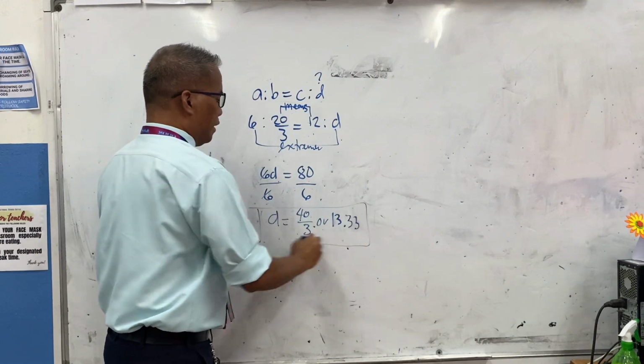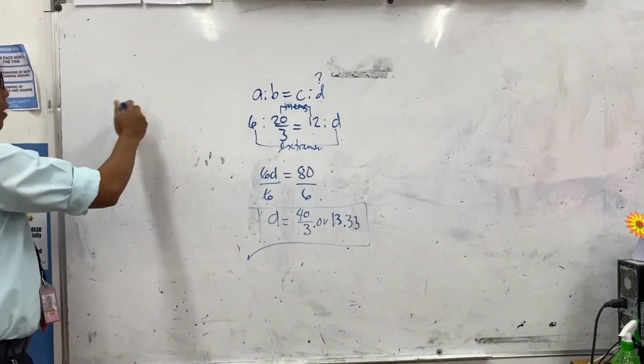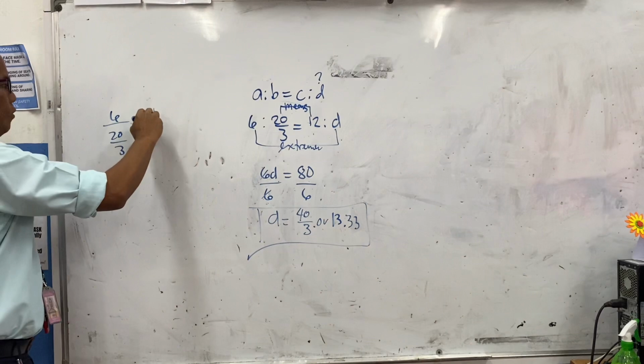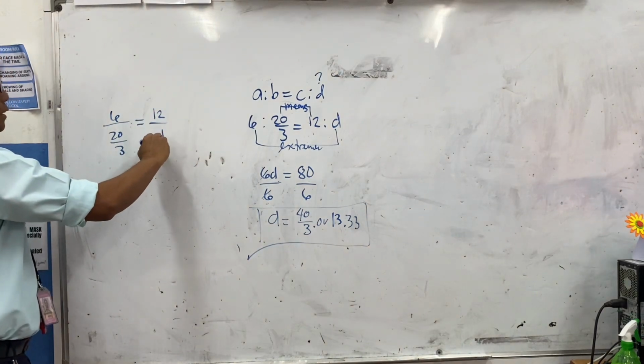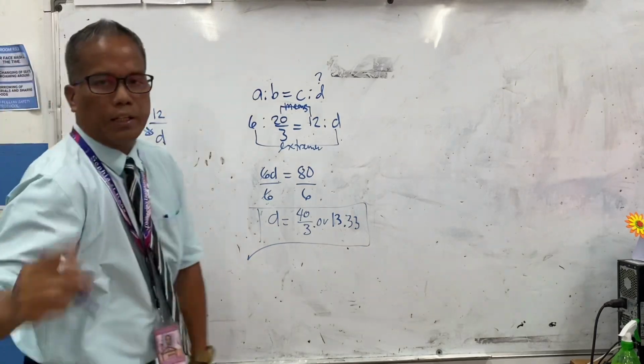So this is now the answer. Or we can write this in the form of fractions: 6 over 20 over 3 is equal to 12 over D. Then apply cross multiplication, and you will get the same answer.